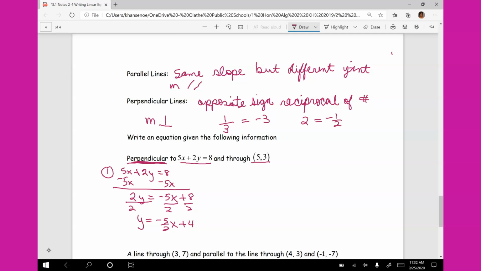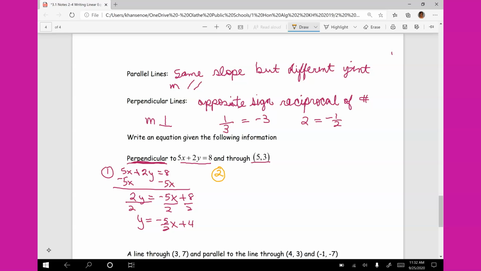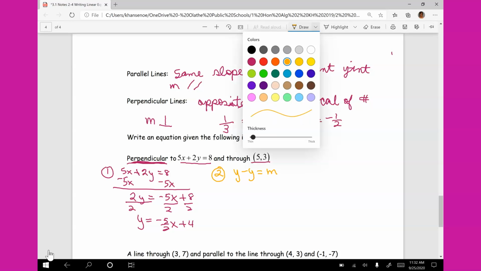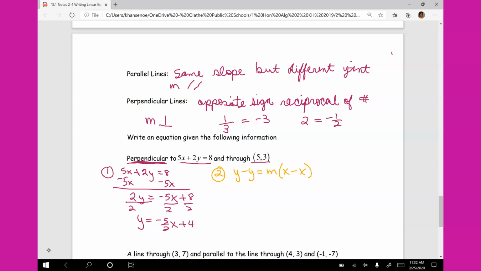So the second part that you're going to do is using the point slope formula. I'm going to use the point slope formula because now I have a point and a slope. So I want the slope that is perpendicular. I'm finding a perpendicular line.